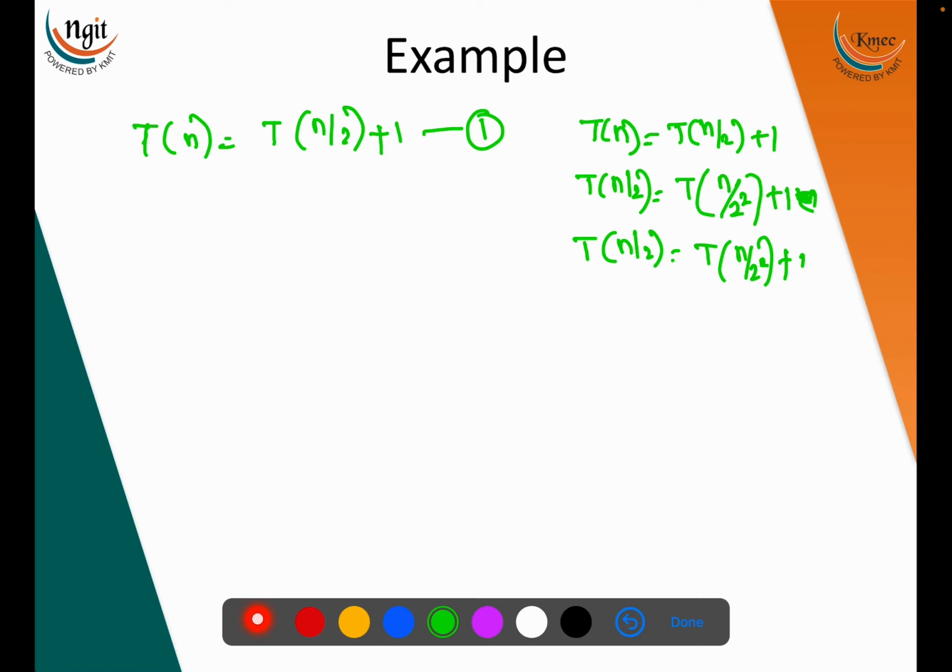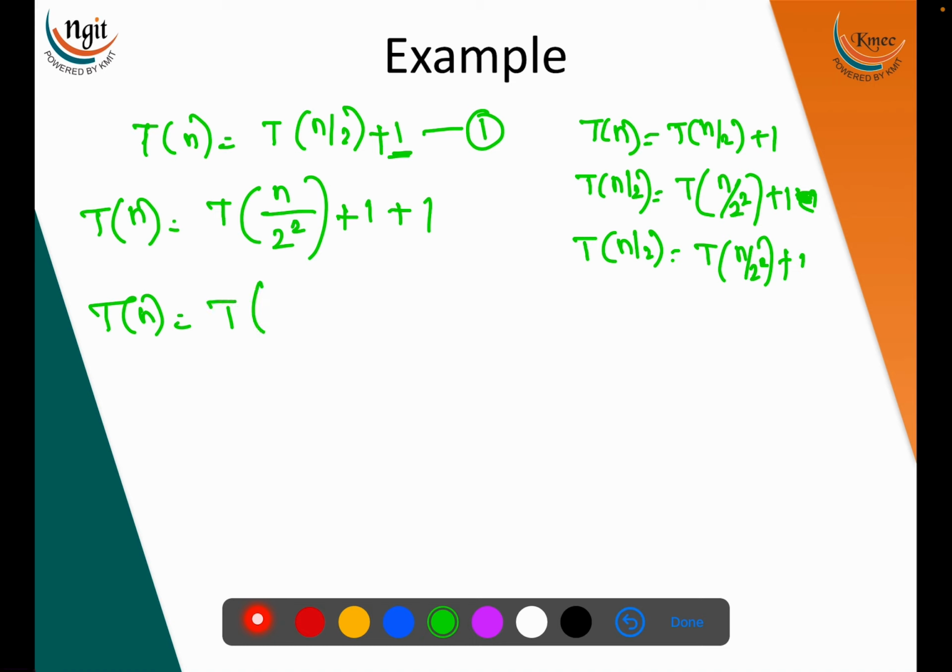Now substitute here. T of n is equal to T of n by 2 square plus 1. So this already has plus 1. Now T of n is equal to T of n by 2 square plus 2. Assume this is the second equation.